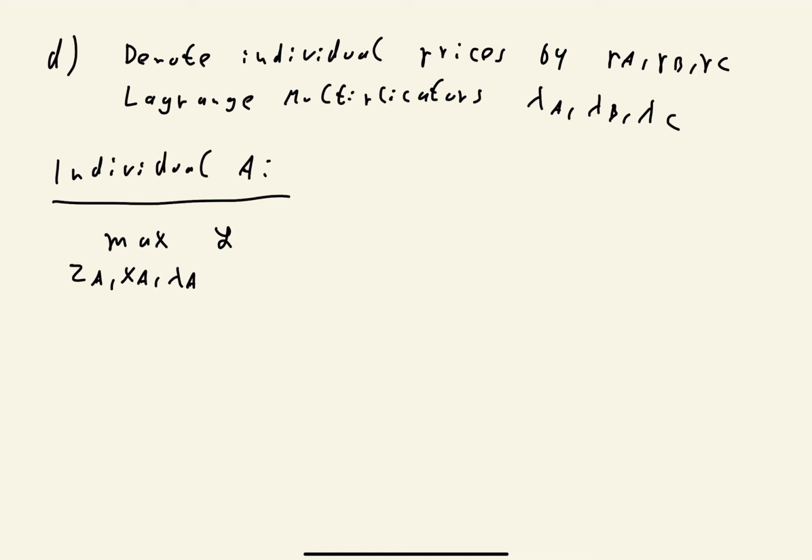The Lagrange function is equal to the following: CA plus log of XA plus lambda A times 30 minus ZA minus PA times XA.